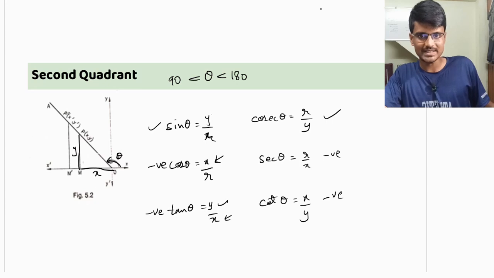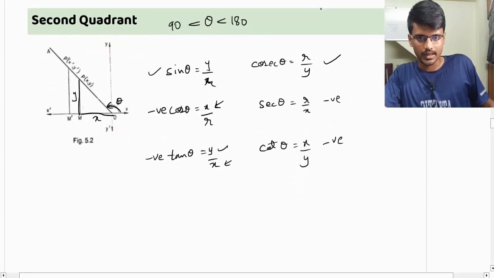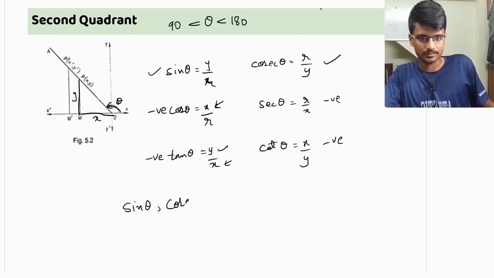So in my second quadrant, very important guys, sine and cosec theta are positive and the rest all are negative: cos theta, sec theta, cot theta, tan theta. All these will be negative.